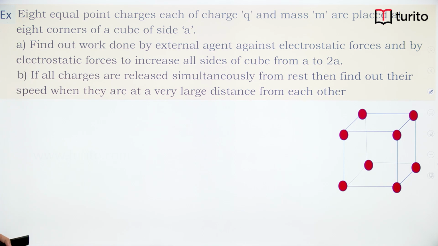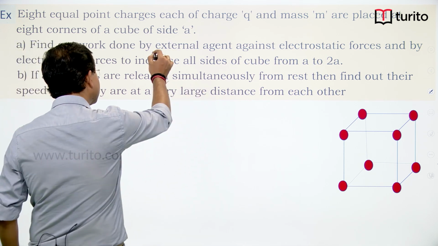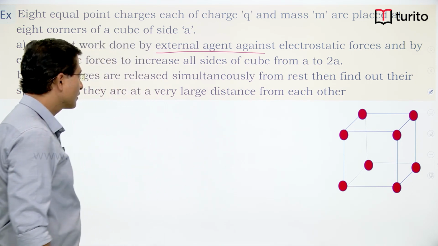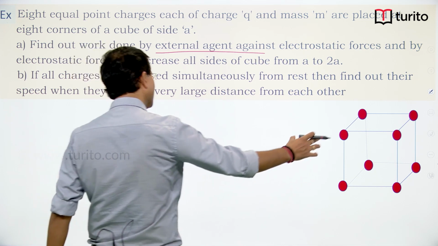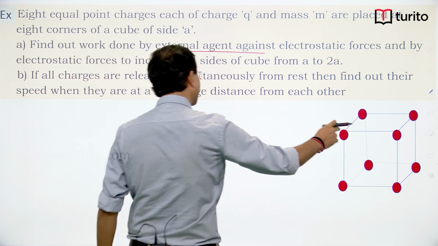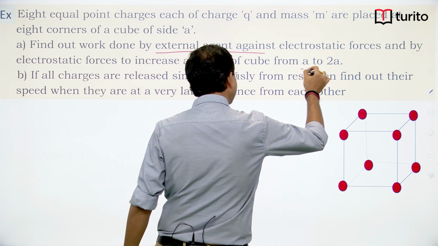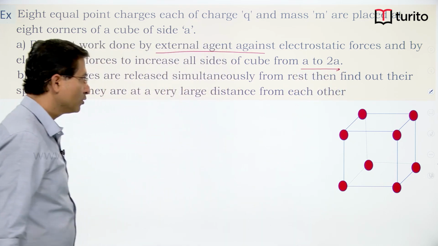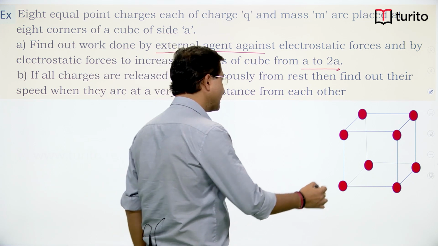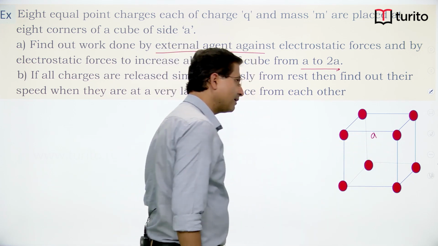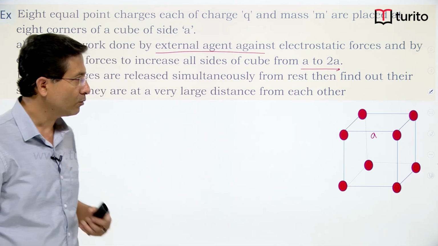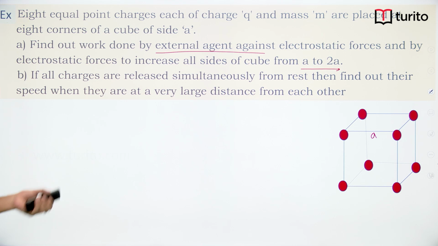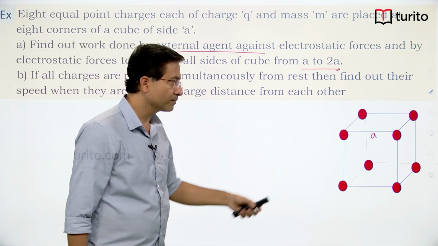Now what we want to do, we want to find out how much work is done by the external agent when this gap or edge length increases to 2a from A. So initially this edge length is A and I want to make a cube of edge length 2a. So how much work I need to do, that is the work done by external agent, and how much work the electrostatic force will do, right.